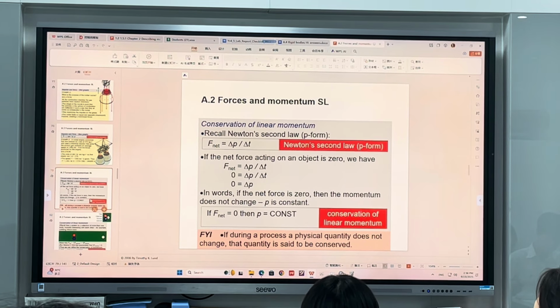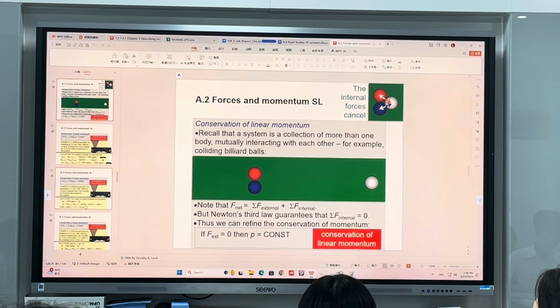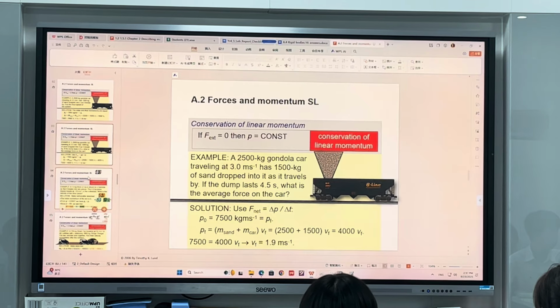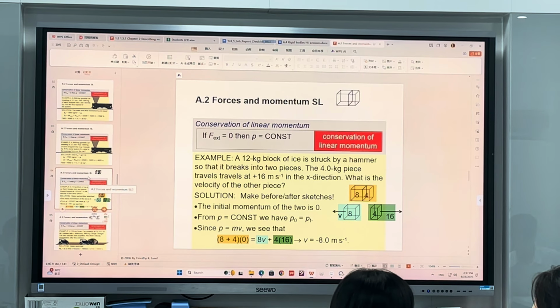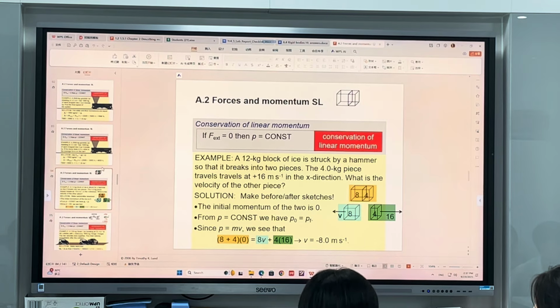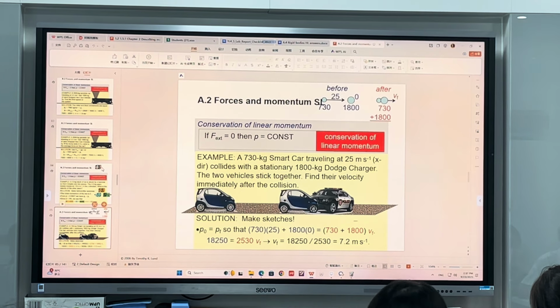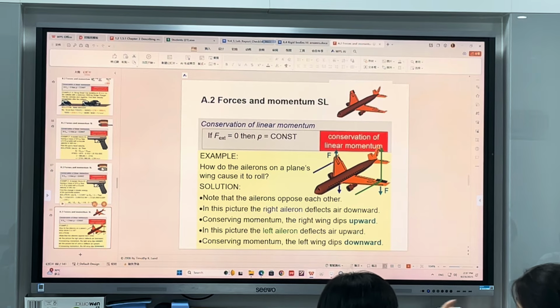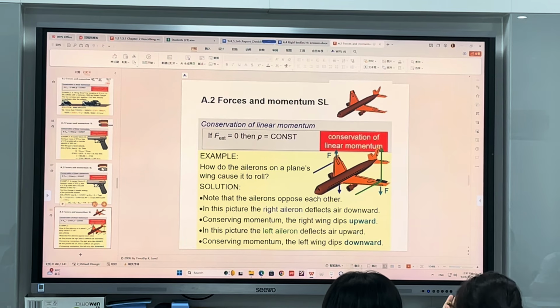Did we talk about the sand here? Yes, sand we talked about. What about here, the water? We haven't talked about this one. It's the same example as the sand one, so we're just gonna skip that. Those are more examples. I will provide these examples to you.